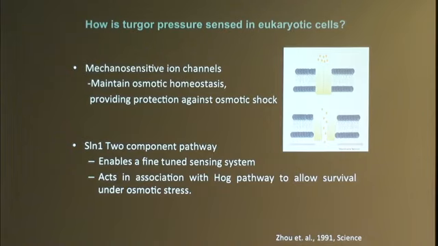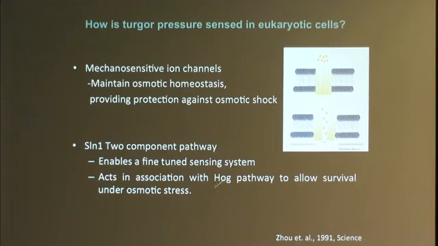One of them is mechanosensitive ion channels. These basically sense the changes in the cell wall, and they induce some signaling mechanisms to adapt to the turgor pressure changes. In rice blast fungus, previously we have deleted all these mechanosensitive ion channels, and they don't cause any defect in plant penetration. So these are unlikely to be the turgor pressure sensor.